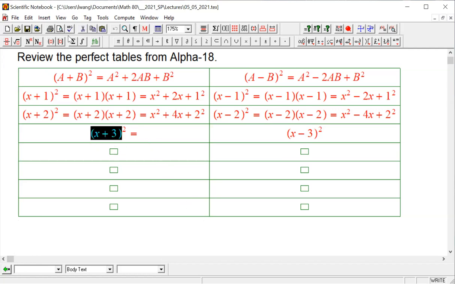So this will be x plus 3 times x plus 3. Just FOIL these. It's a lot of fun to work these out. And x minus 3 times x minus 3. So what do we end up with?